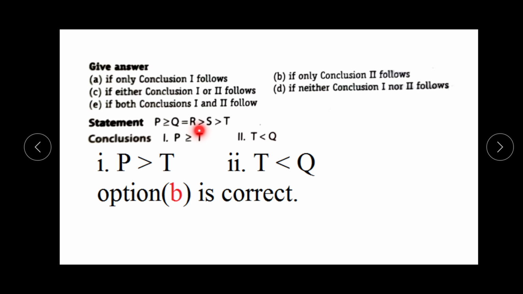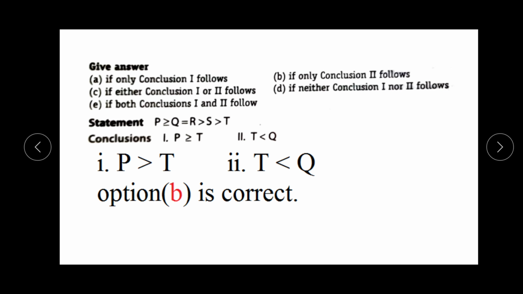It means P is greater than S and S is greater than T. So the relation between P and T is P greater than T. The conclusion here says P is greater than or equal to T. It means this is incorrect; it should be P greater than T. So conclusion 1 is not following.